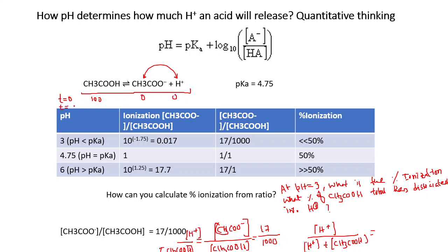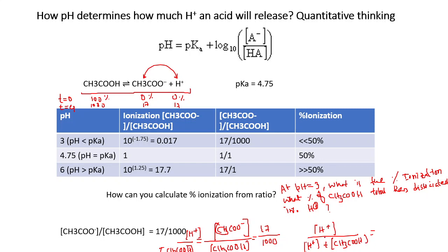When it reached equilibrium, it became roughly 17, 17 and 1000. Initially this was 100%, this was 0%. Right now each of these is 17 and this is 1000. So if we trace back the time, we can get the original number.